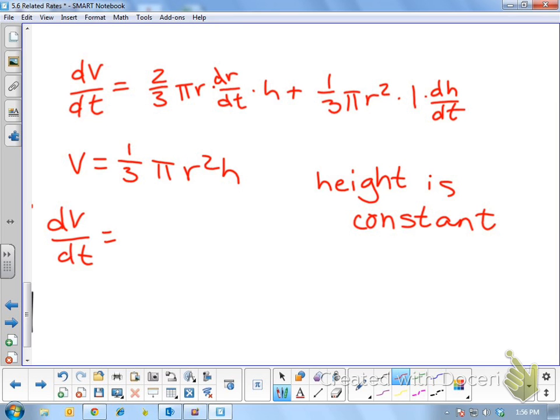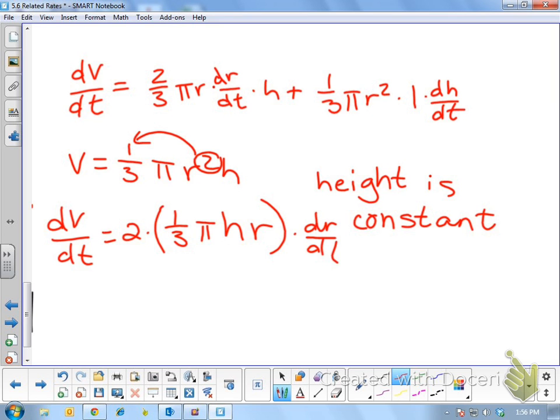So h is going to do the same thing if we're treating it as a constant. If I take the derivative of this, I'd still bring 2 out front, 2 times all this stuff, and then I still times by dr dt. I wrote it a little bit differently just to show that a lot of the stuff didn't change.